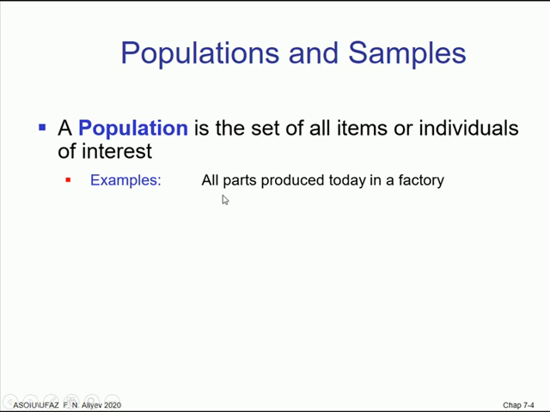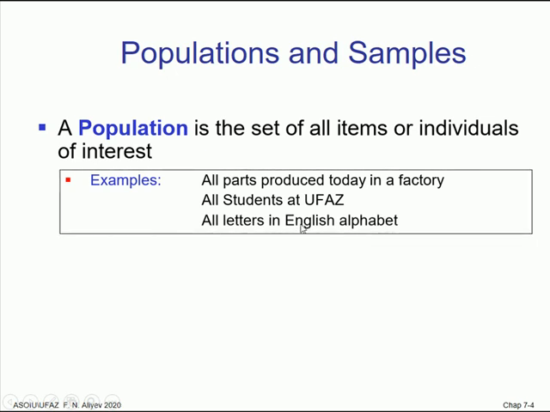Suppose your research topic is all parts produced today, then all parts produced today you must consider as the population. If your research is about students at UFAS, all students at UFAS you must consider as the population. If your topic is about the letters in the English alphabet, then all letters in the English alphabet you must consider as the population.